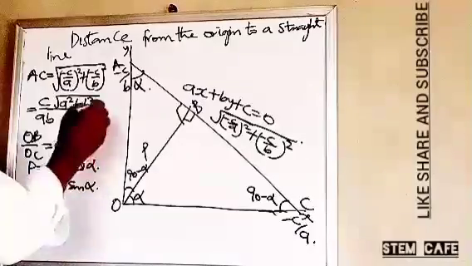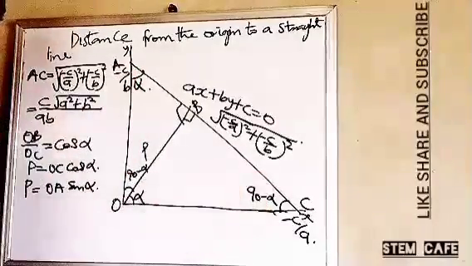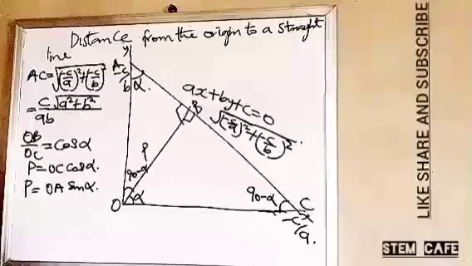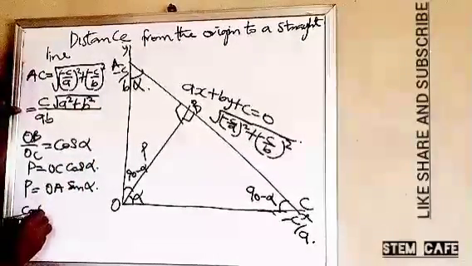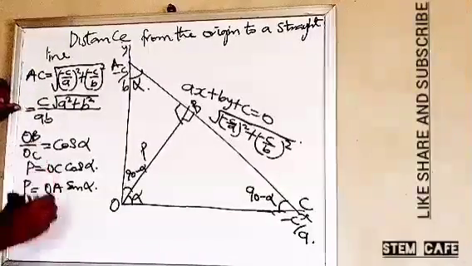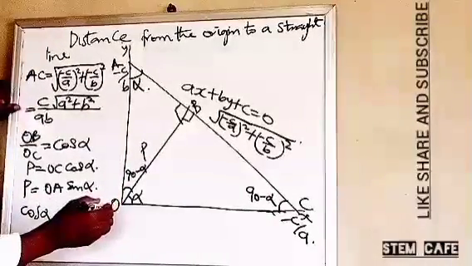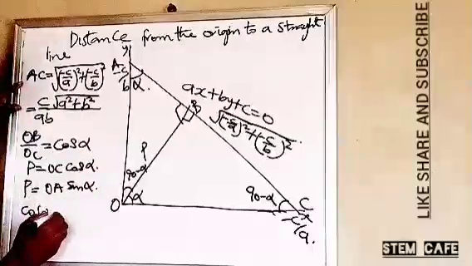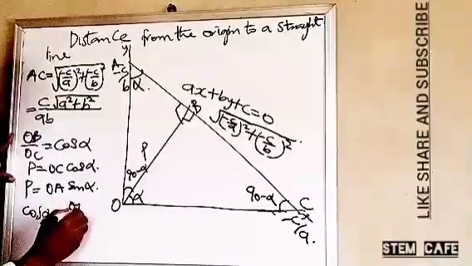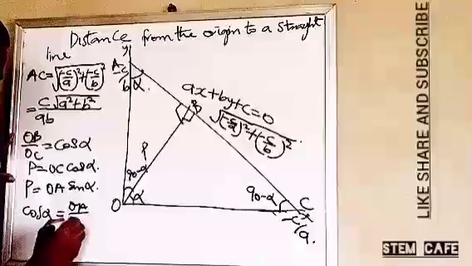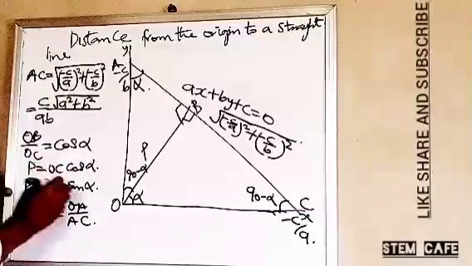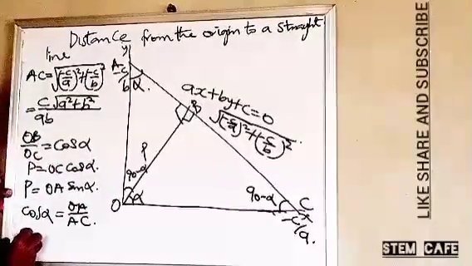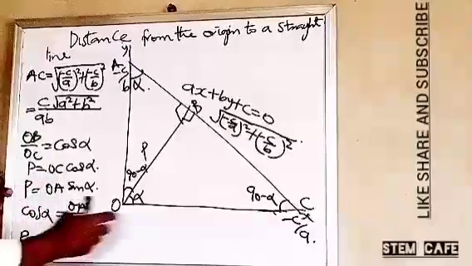Now, looking at triangle AOC, we can see that cos alpha is also equal to OA over AC. Now, we can find our P with ease. P is equal to, what is OC?